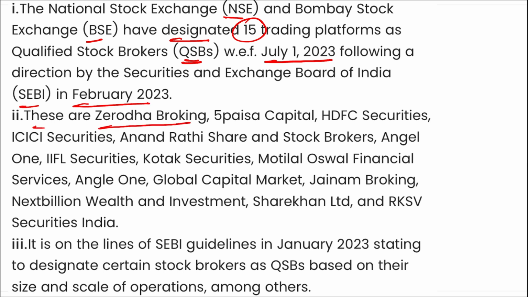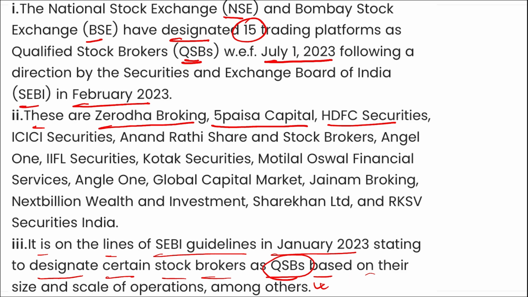These include Zerodha Broking, 5 Paisa Capital, HDFC Securities, and all 15 trading platforms that have now been declared qualified stockbrokers. It is on the lines of SEBI guidelines in January, stating to designate certain stockbrokers as qualified stockbrokers based on their size and scale of operation, among others.